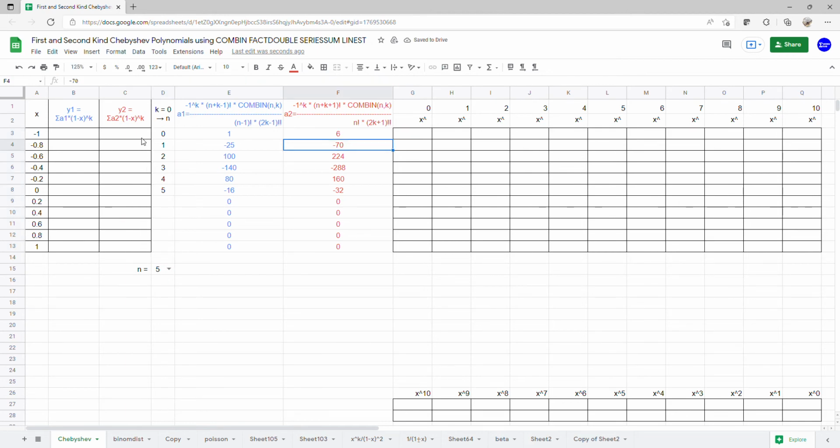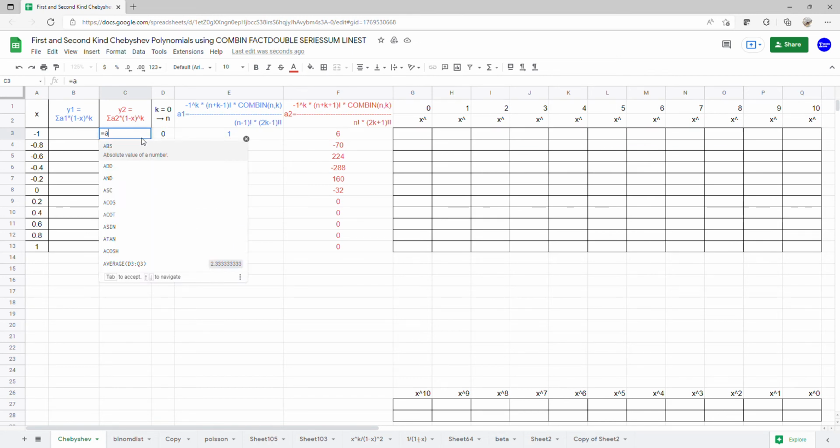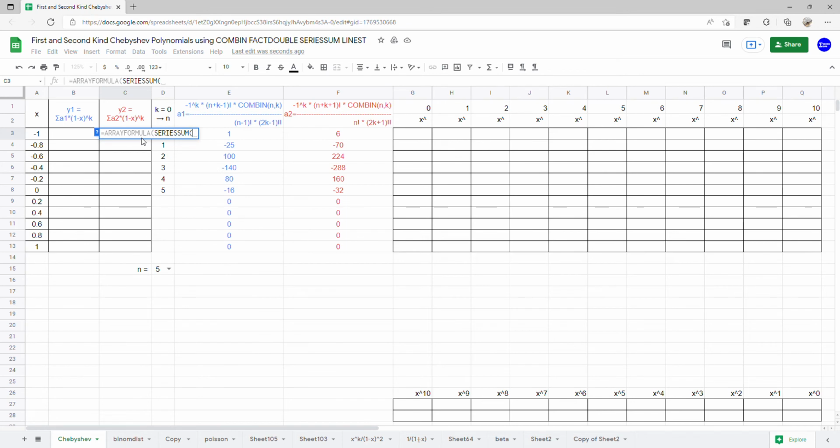Now we can continue with the Taylor series expansion, starting with the second kind. So array formula, series sum. 1 minus x raised to the power k, where k starts from 0 incremented by 1. And the coefficient will be this range.